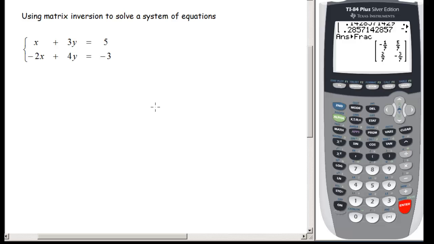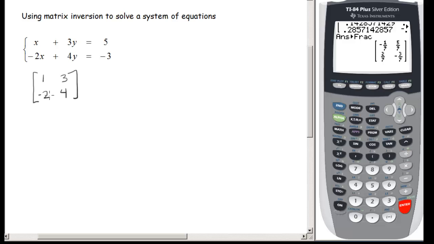So let's look at this one last problem. If we want to use an inverse in order to solve a system of equations, we can. First, let's remember how we can write this system of equations using matrix multiplication.